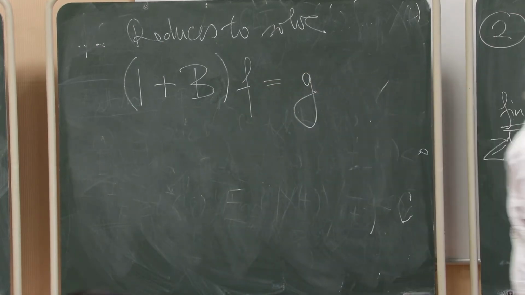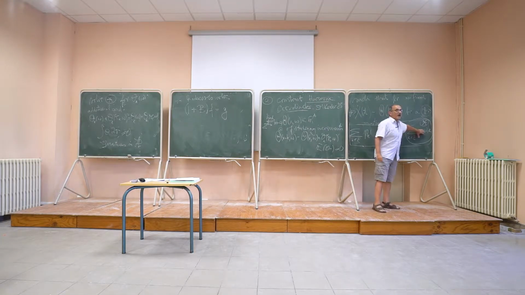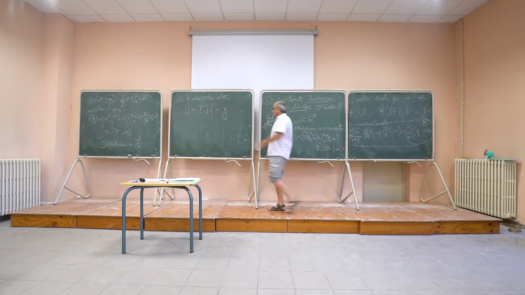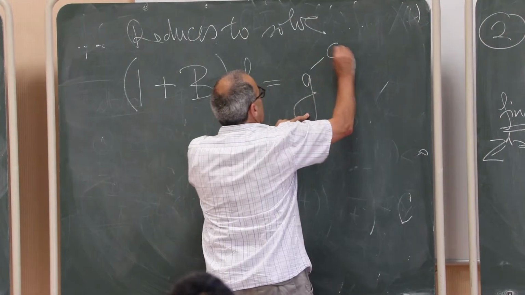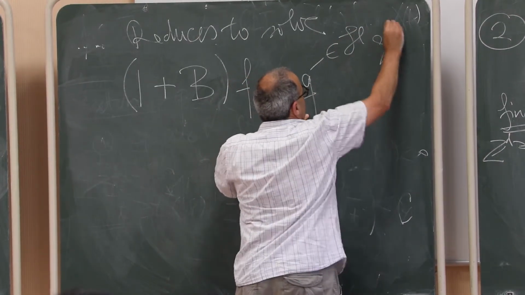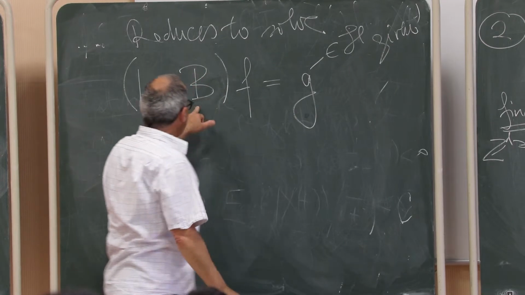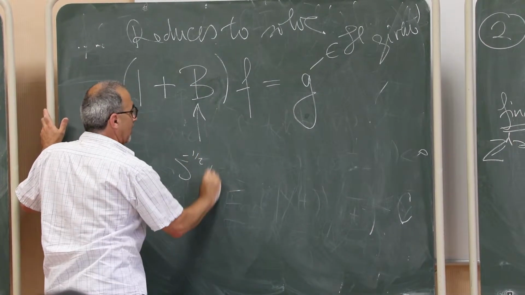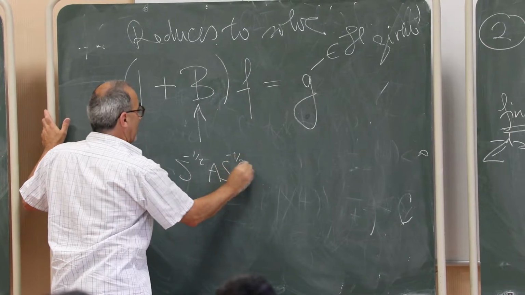This g comes from Laplacian to the -1/2 applied to this guy, and there are some transformations in the story, with g given. And B is my old friend, which is S to the -1/2 A S to the -1/2.